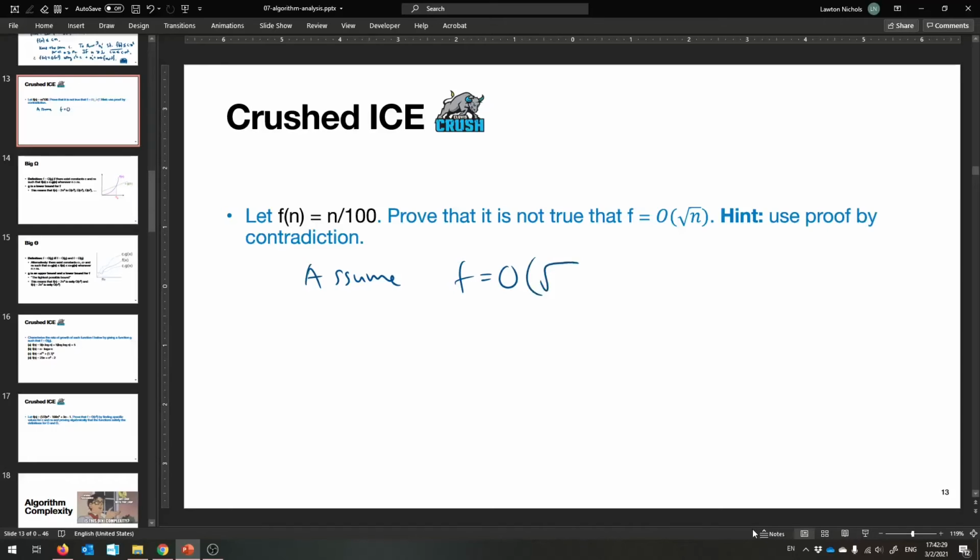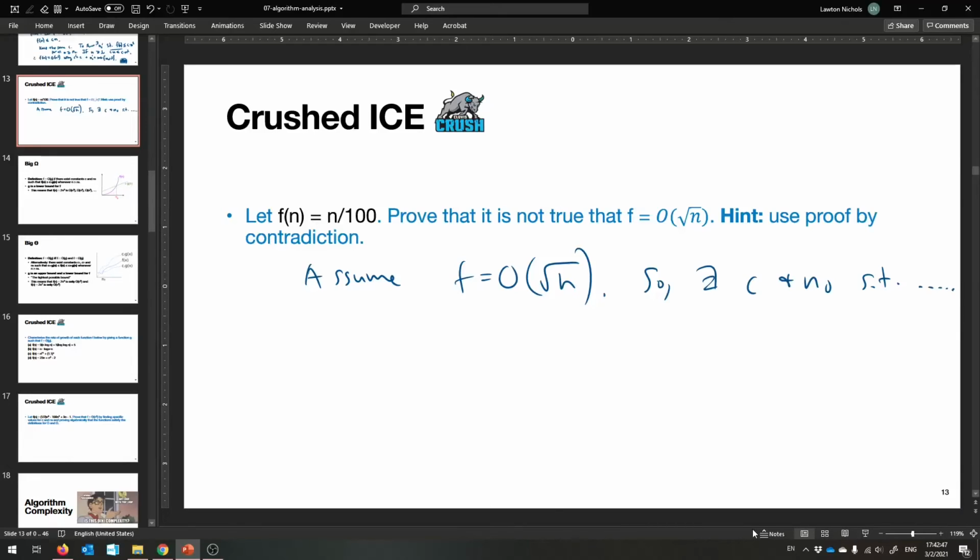Assume f is O of square root of n, and so there's a c and n naught such that all that other stuff that O of n requires.